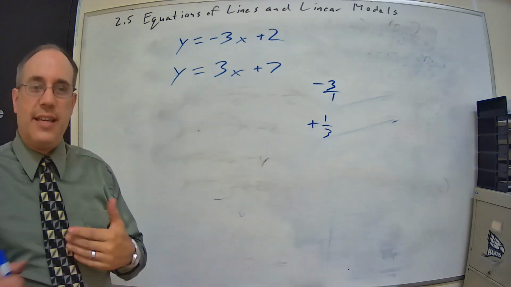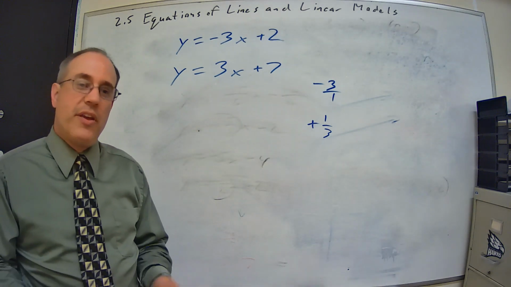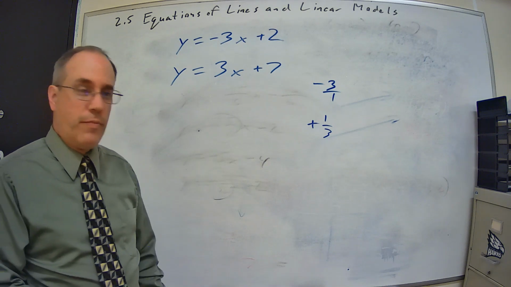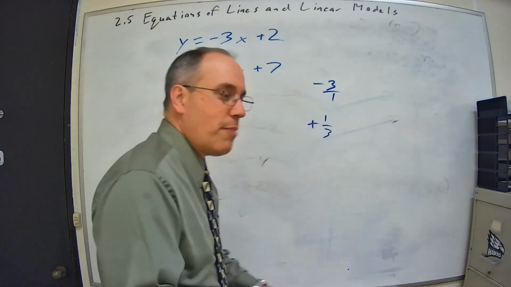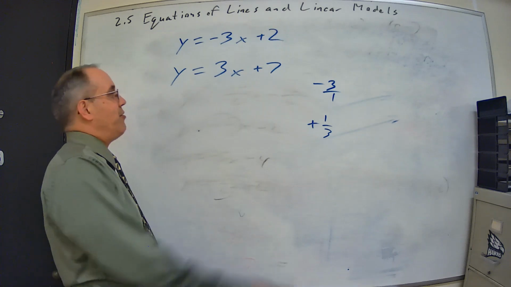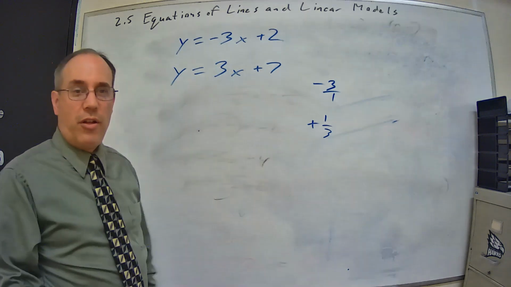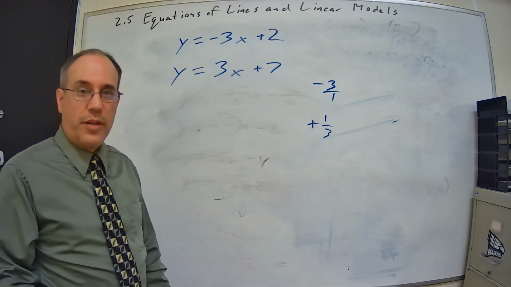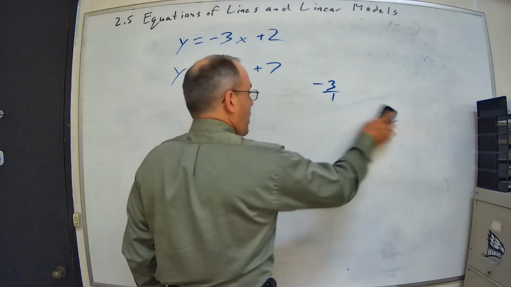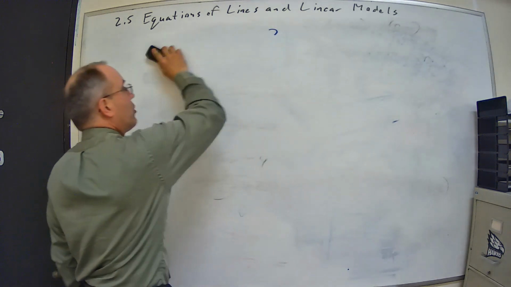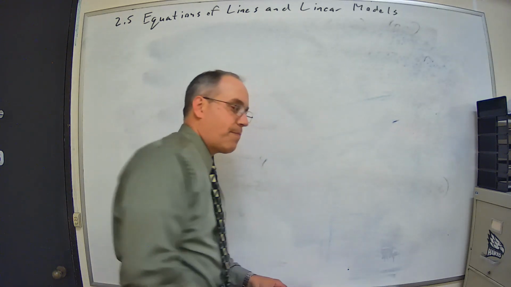So these lines intersect, but they are not perpendicular to one another. But that's our method of determining whether they are parallel, perpendicular, or intersect. It's just simply looking at those slopes.